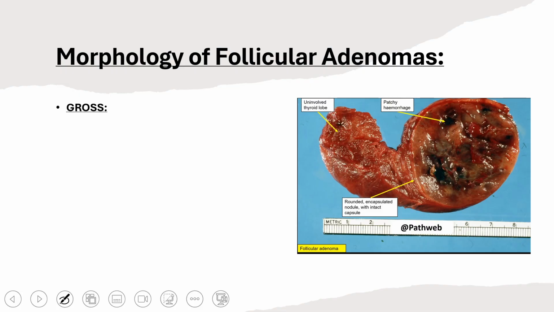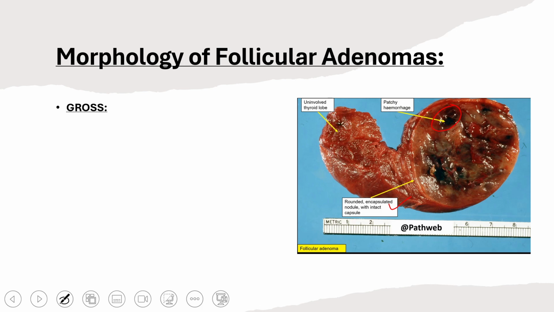Now we see the morphology of follicular adenoma. First we go to the gross. Here we can see a patchy hemorrhage and an encapsulated, intact capsule. There is no capsular invasion in adenomas.